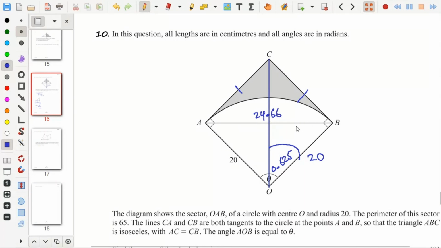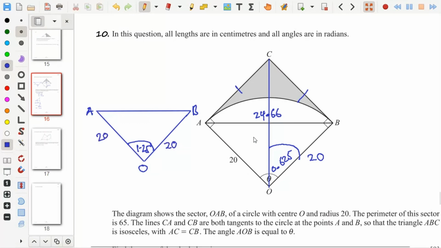I can also find the length at this side. Don't forget, you have something like this. This is A, this is B, this is O. Your angle here is 1.25. This is 20, this is 20.